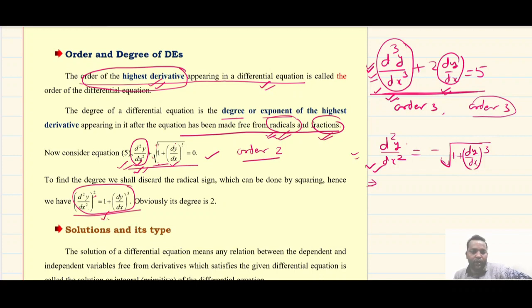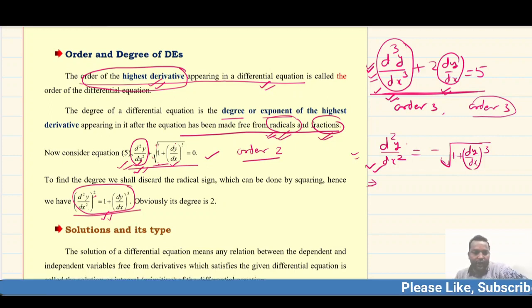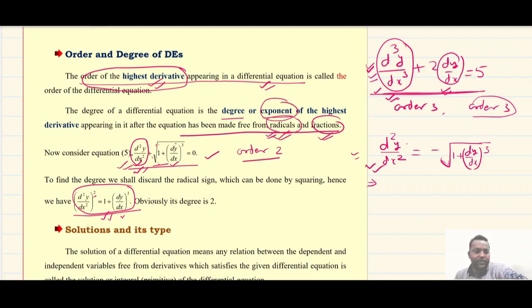Therefore, now we are in a position to define its degree. Degree is defined as the power or exponent of the highest order differential coefficient when the equation is made free from radical signs or fractional powers. Therefore, the power of the highest order differential coefficient is 2, and its degree is 2.